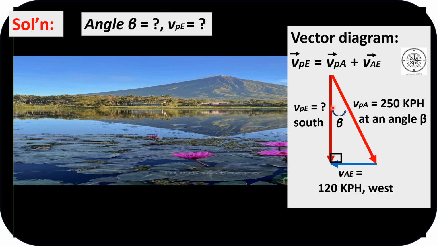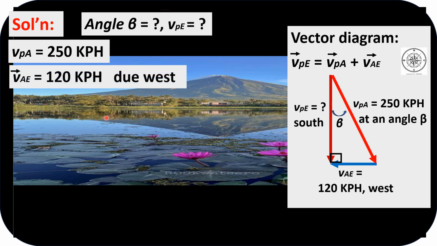To summarize the known and unknown quantities, we have the magnitude of the velocity of the airplane relative to the air, the one in red, equal to 250 kilometers per hour.